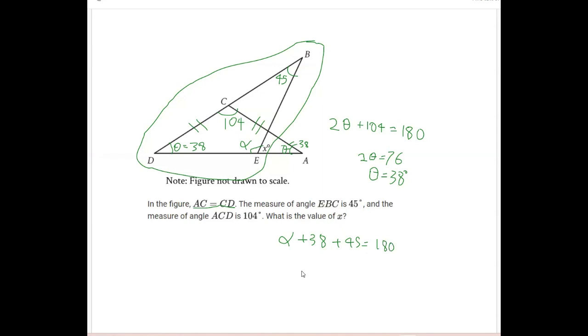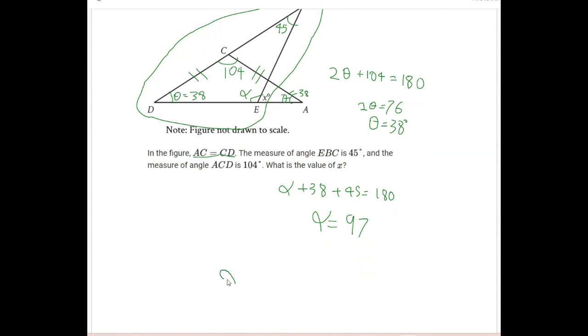So what we can do here is determine the value of alpha. So alpha is 180 minus 45 minus 38. So alpha is 97.